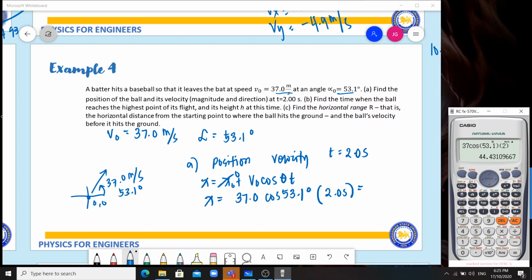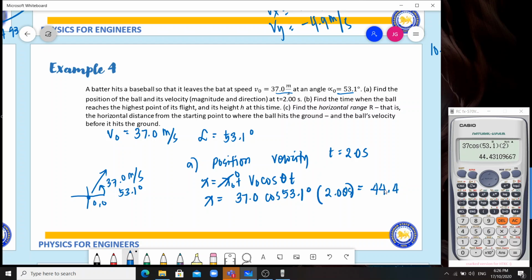So, multiply, it should be 44 meters. Is that right? No, it's 2.00 seconds, so 3 significant figures.